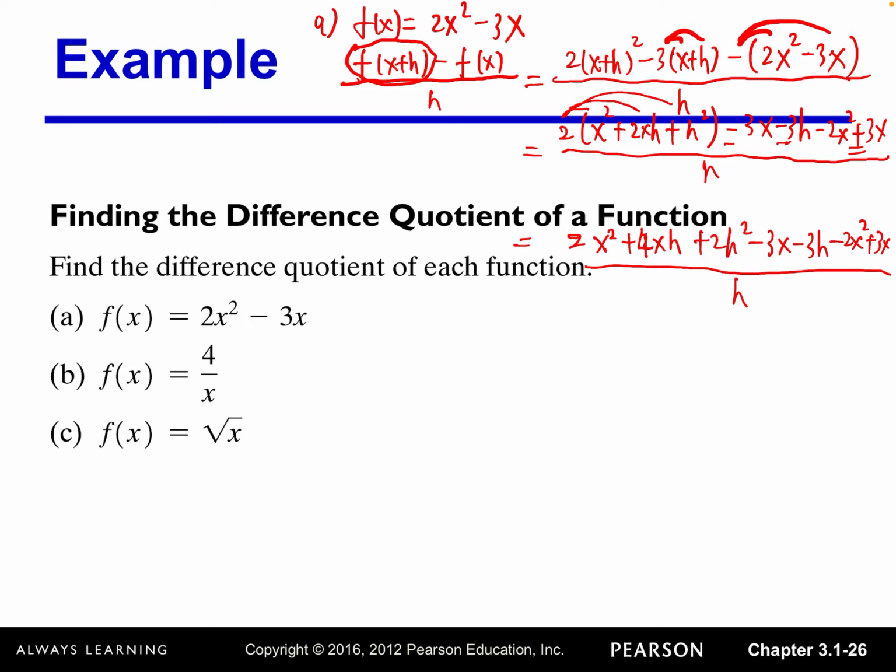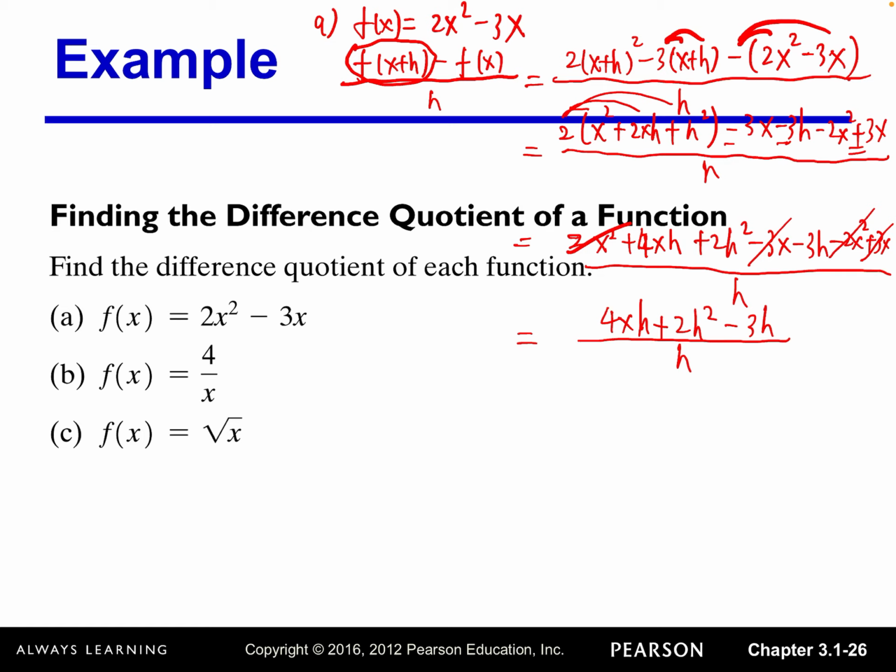Now you can see on the numerator, there are 2 terms that cancel out. 2x squared minus 2x squared cancels out, and minus 3x plus 3x cancels out. So now in the numerator we only have 3 terms: 4xh plus 2h squared minus 3h, divided by h.